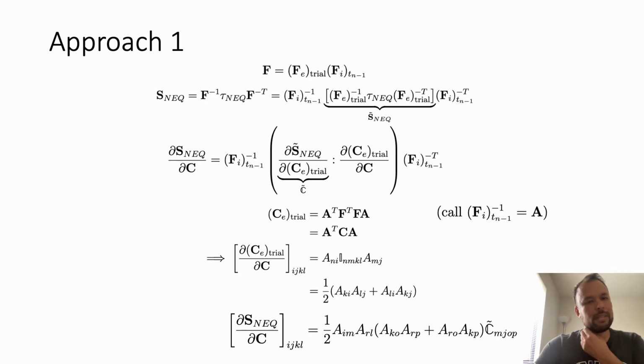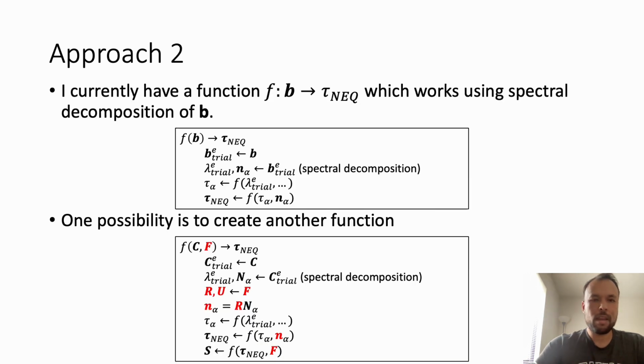And if you follow with this derivation, at the end you will see that the derivative of SNEQ with respect to C, which is CC NEQ, it's given in terms of this C tilde, which is a fictitious tangent. And I was trying to see if I can obtain this guy with a numerical approach, but so far that hasn't been working out.